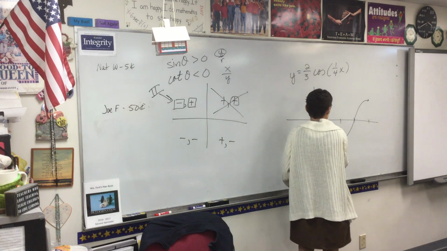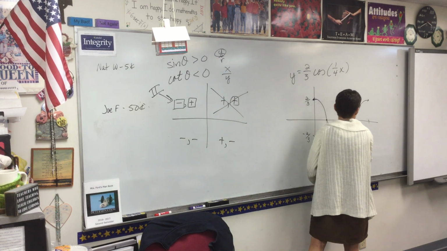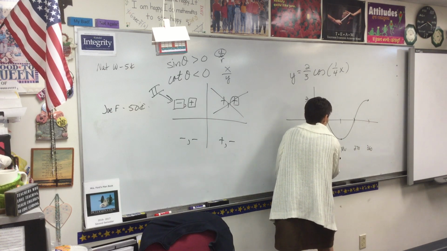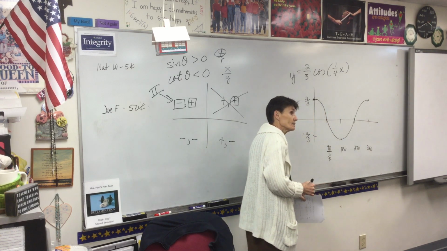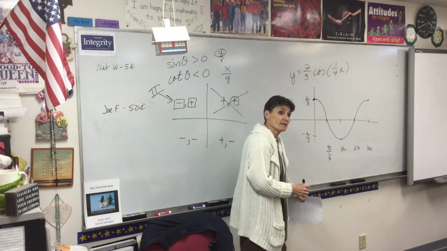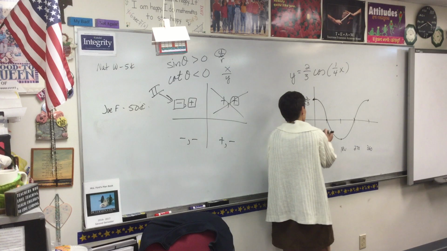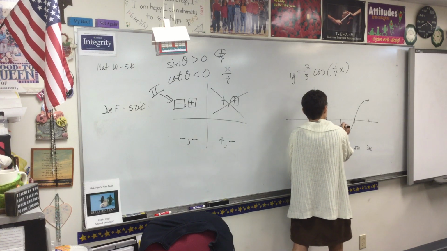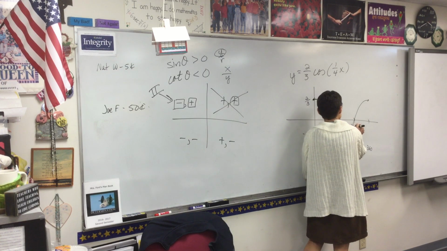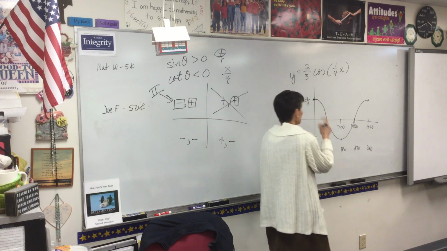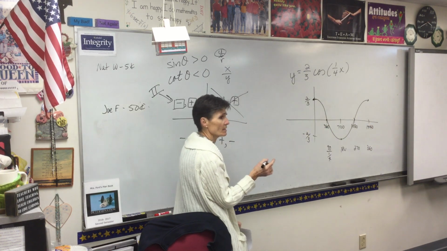These are supposed to be 90, 180, 270, and 360, but they are being divided by a 4th, which is multiplying by 4. So 360, 720, 1080, 1440. Now, this was not your quiz question, I don't think.